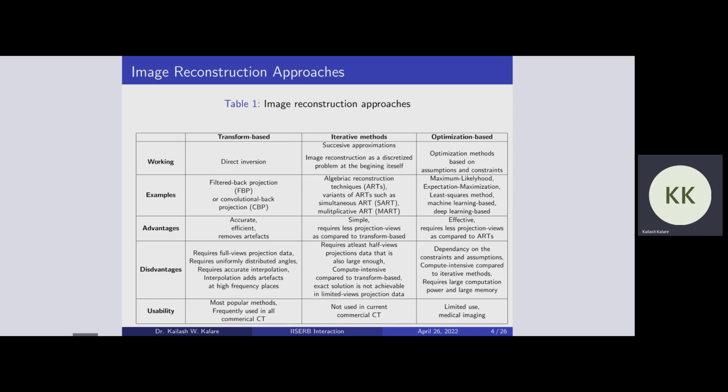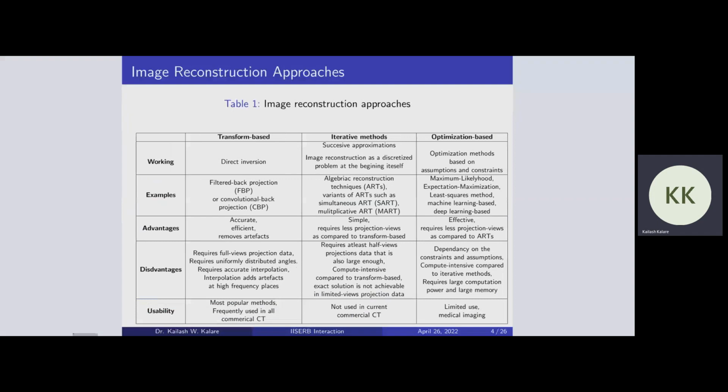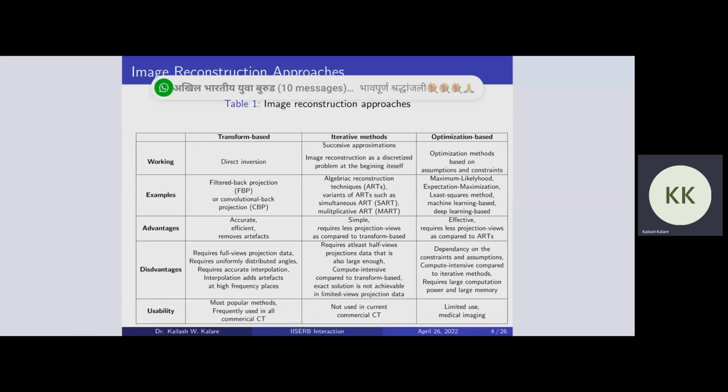However, these methods are also compute intensive compared to the iterative methods. These optimization methods give approximate solutions, whereas the transform based methods give accurate results. The basic advantage of these optimization based methods is that they require less projection view data.